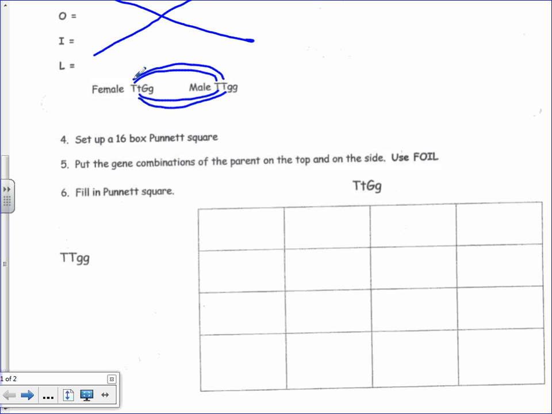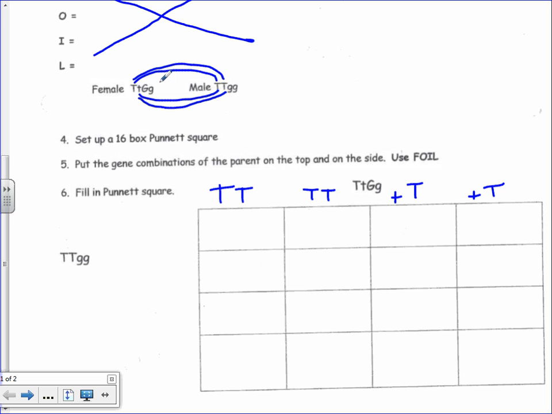So we could have capital T to capital T, capital T to capital T again, lowercase t to capital T, or again, lowercase t to capital T. And those are all of the different combinations for the height allele that we can have.